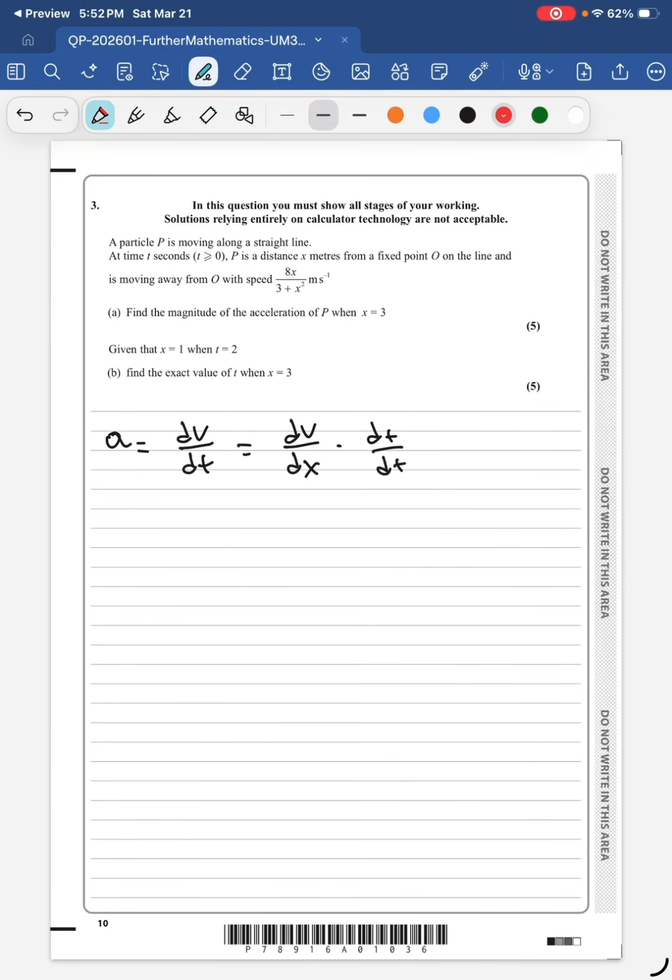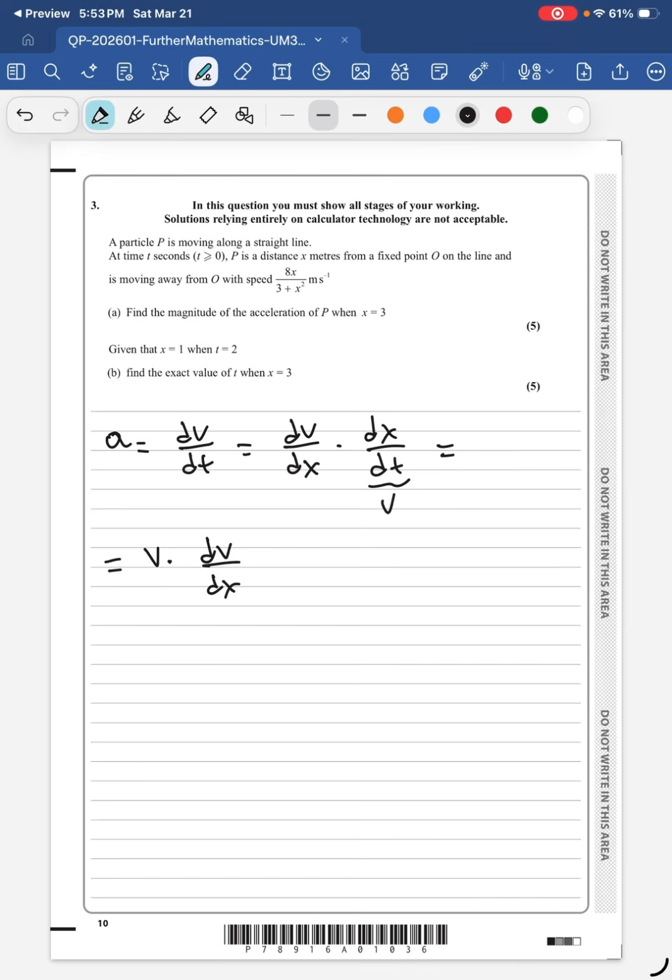In physics, we say that we can do that because we can cancel those differentials and uncover dv over dt. I think mathematicians don't like that, but I'm a physicist, so let's go with that. dx over dt now is v, so we have v times dv over dx.